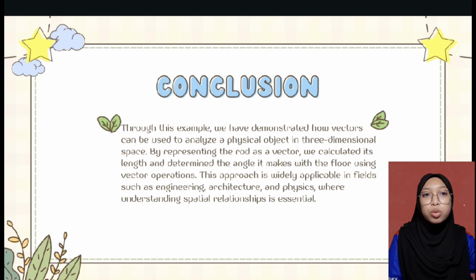This approach is widely applicable in fields such as engineering, architecture, and physics, where understanding spatial relationships is essential. So, whether you are designing a structure, analyzing motion, or solving geometric problems, vector operations give you the precision and clarity needed to understand how objects interact in space.